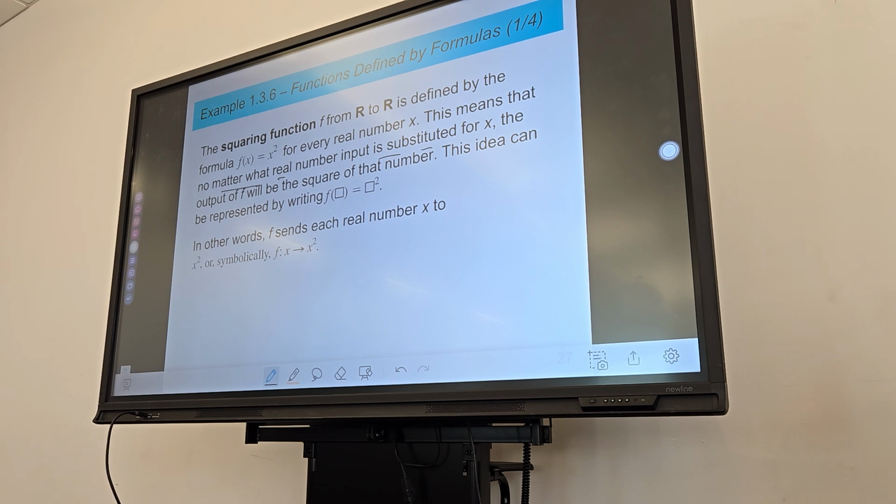The squaring function from R to R is defined by the formula f of x equals x squared for every real number x. This means that no matter what real number is inputted into it, the output will be the square of that number. Written symbolically as f colon x right arrow x squared.